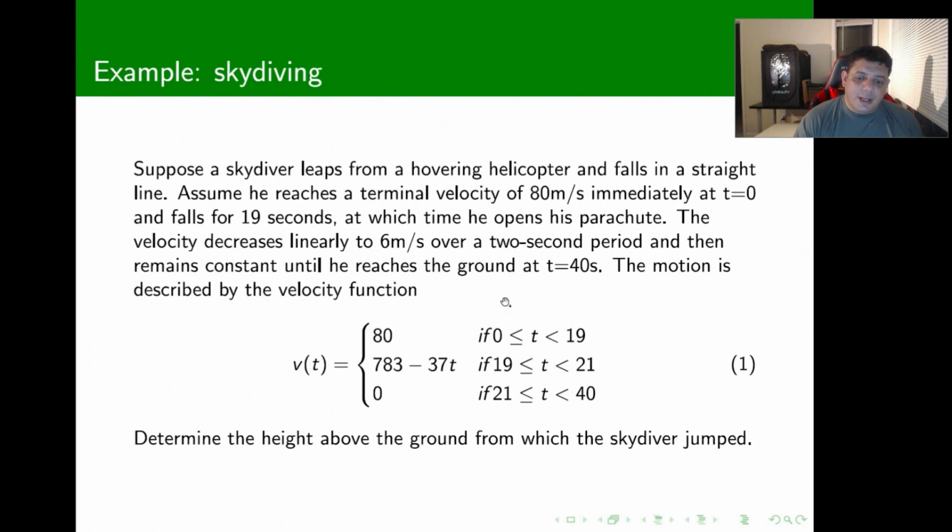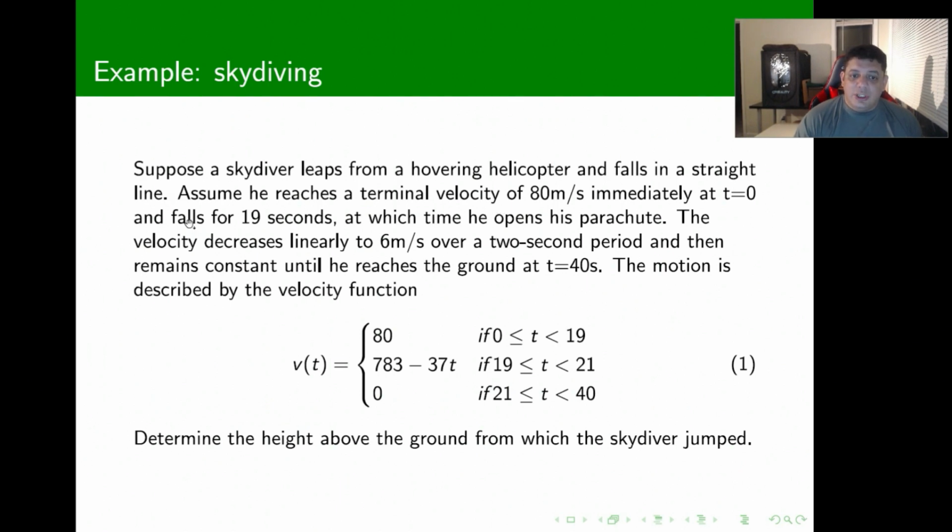Now, this procedure is not necessarily done only with functions that are strictly continuous. We can do this with piecewise functions, as you can see in the following example. We're going to have a skydiver that leaps from a helicopter and falls in a straight line.